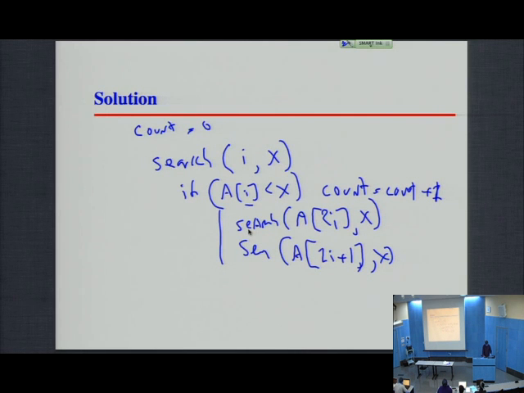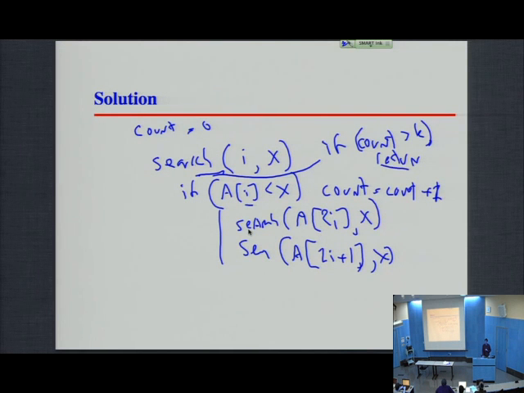And there's one thing I forgot, which is to say, if count is greater than k, return. If I have already found enough elements that I'm not interested in finding any more elements less than x, I return.